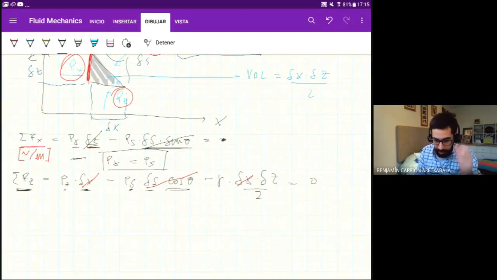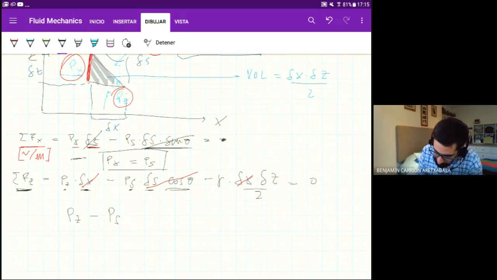All right, and it says Pz minus Ps is equal to gamma dz half.